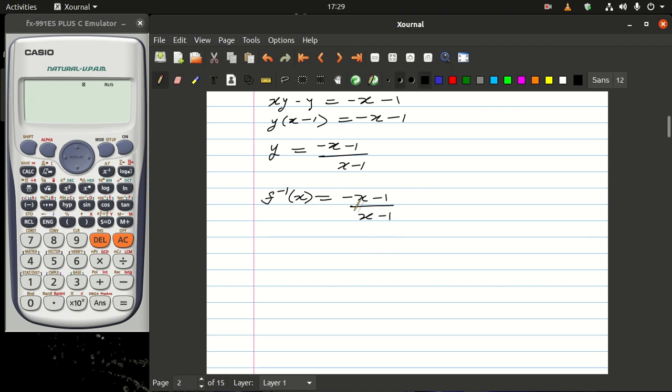Now, the question you should be asking yourself when you're trying to find the domain of f is simple. The domain is the set of all real numbers x such that... Now, let's look into this. What are the values of x that will make this function undefined?